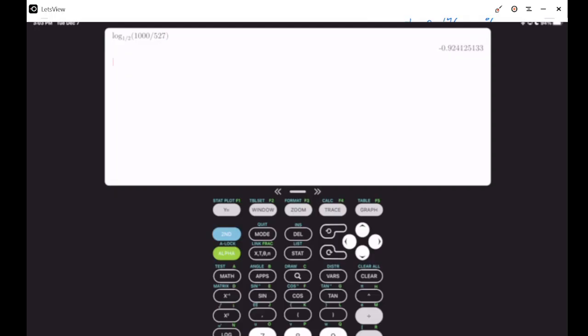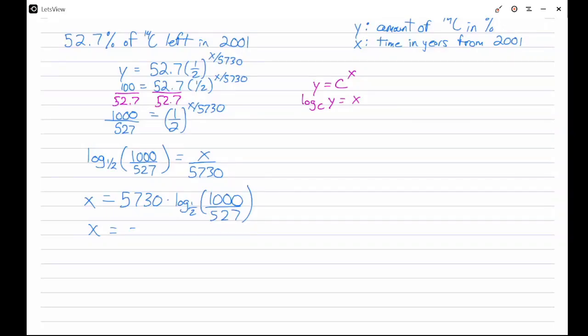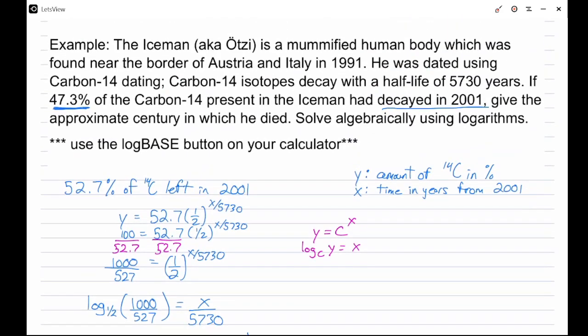And that gives me a negative value, which I then multiply by 5,730 to give me negative 5295.